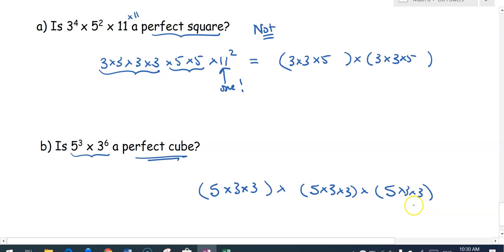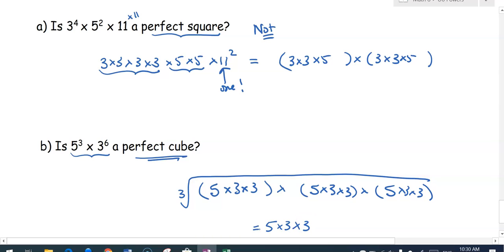So since this is a perfect cube, what we can do is we can take the cubed root of it by taking one of those 3s. So we know the cubed root of that is 5 times 3 times 3. That would be the cubed root, or in other words, 15 times 3, which is 45. We were able to take the cubed root of a really big number using its prime factorization.